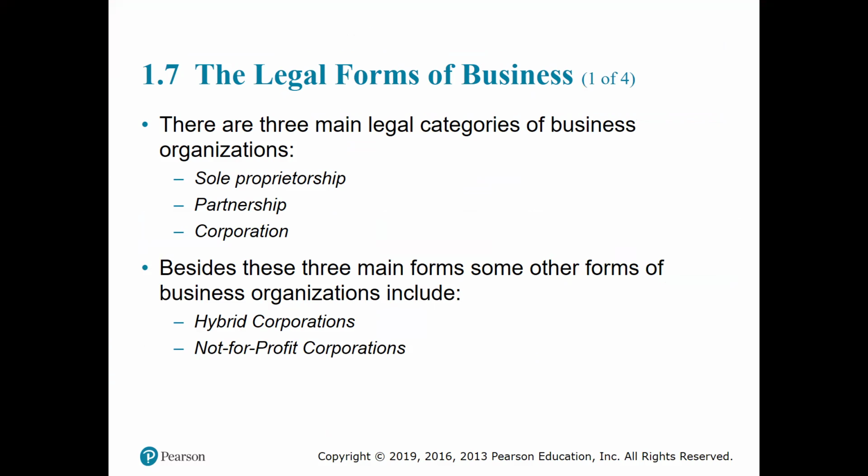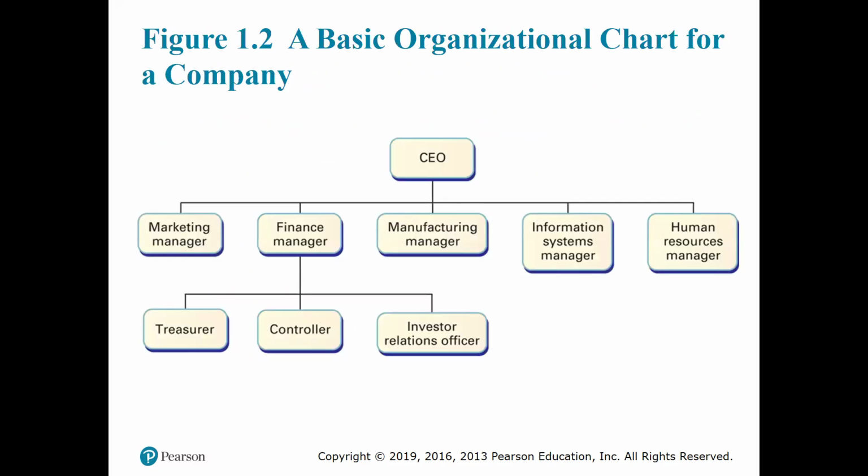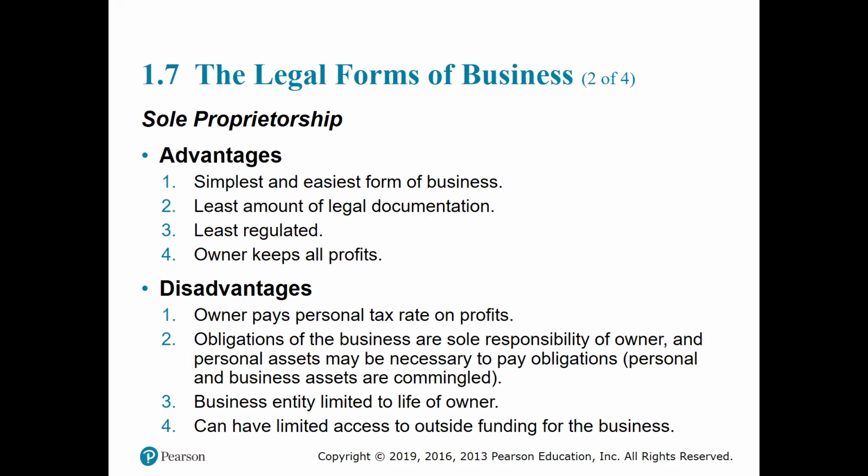Corporation is more than 10 owners, a company that issues shares. Besides these main forms, some forms of organization include the hybrid or non-profit organization. Like KIMEP is a non-profit organization. It serves to provide education, not only to earn profit.